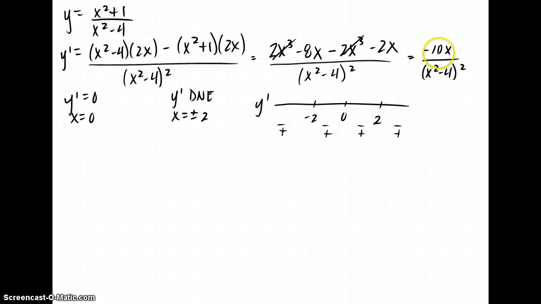If we plug -3 in, positive numerator, -1, again positive numerator. +1 would make negative in the top. Anything greater than 0 would keep a negative in the numerator. Now, -2 and 2, we know already are our vertical asymptotes. That's why we have to keep those on the number line.